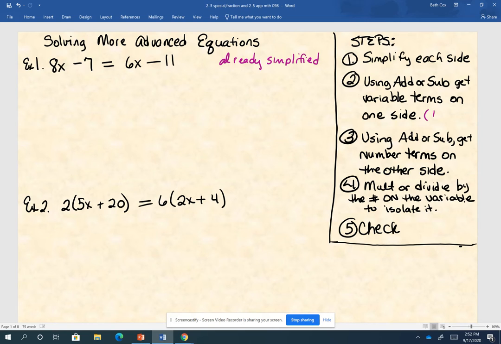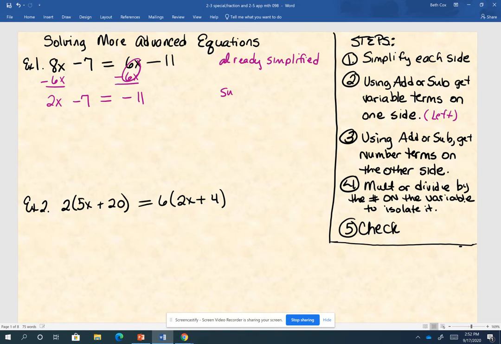You can choose yours to the right. It does not matter. But that means I need to remove the 6x. So I'm going to subtract the 6x on both sides. And that gives me 2x. Bring down the minus 7. Bring down the equal sign. This is 0. And then minus 11. So that's step 2.